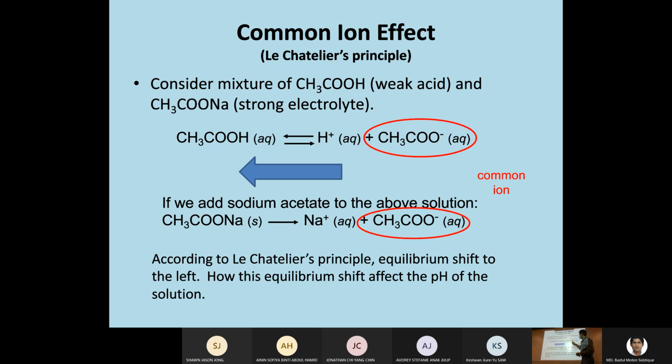I am giving this, and I am getting that one when the reaction goes backward. So the hydrogen ion is also getting reduced from the system, and since hydrogen ion is reduced, the pH of the solution will increase. The pH will go more than neutral. If it were 5, it will go to 6, maybe 7. So this is how we can reduce the acidity of the solution.